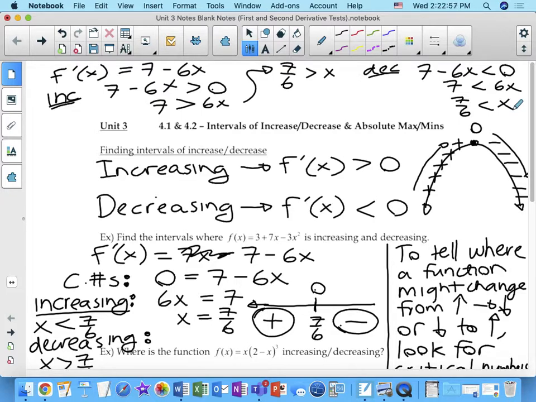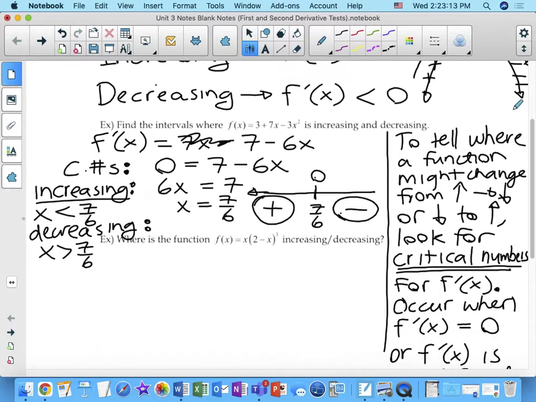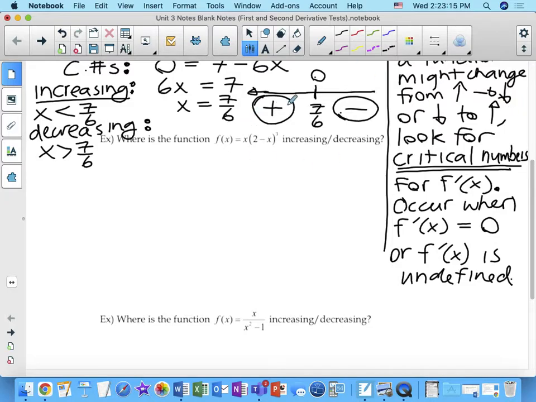Okay, which is the same thing that we got over here. Okay, and because this is linear, we can solve this directly by putting the inequalities directly in. But that's not going to be the case when our derivative is not linear, and we're going to do some of those right now.